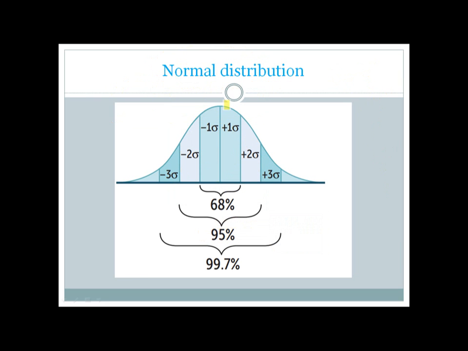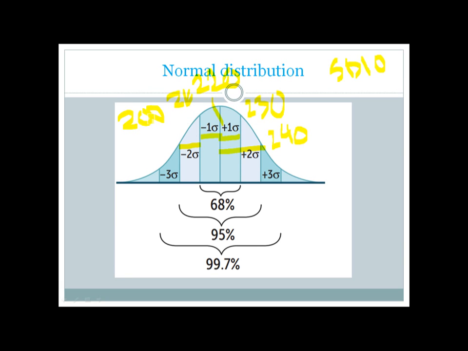Here the mean is 220 and the standard deviation is 10. So one standard deviation up will be 230 and 2 standard deviations up will be 240, and 1 standard deviation down will be 210 and 2 standard deviations down will be 200.